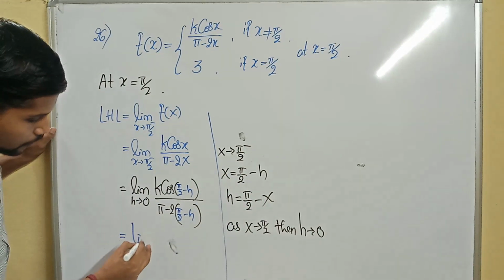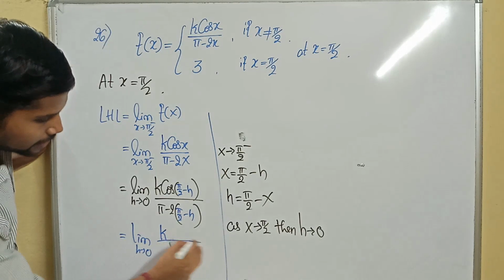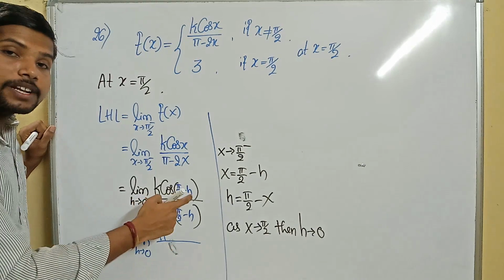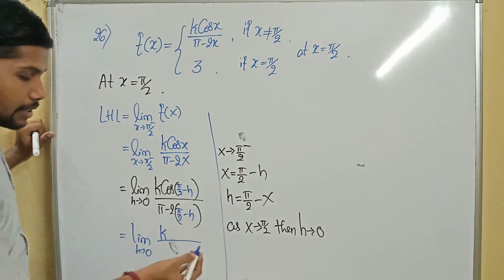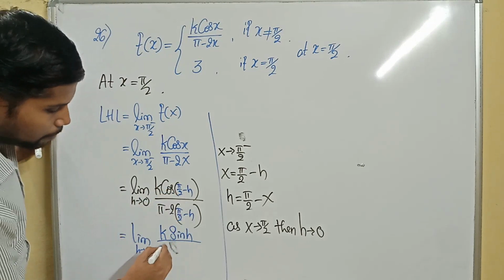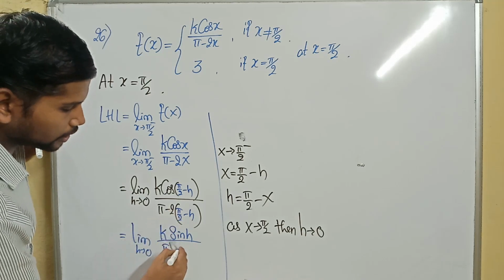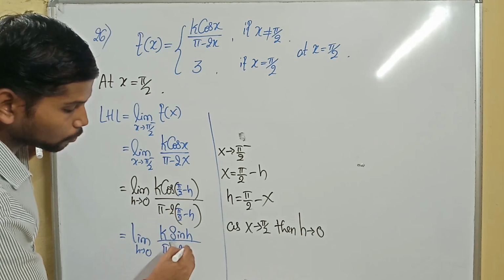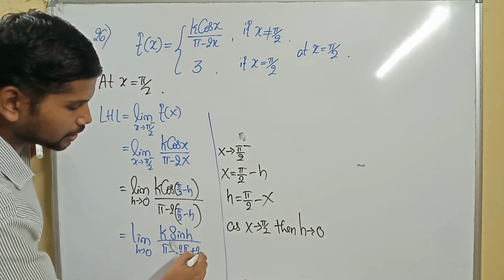The next step will be limit of h tending to 0. Let it be k as it is. Numerator cos of 90 minus x, allied angle. Cos of 90 minus x will be sin x. It will be sin of h. Then pi as it is, minus as it is. Now 2 into pi by 2, it is minus 2 pi by 2. Again minus into minus, plus 2 into h, it is 2h.